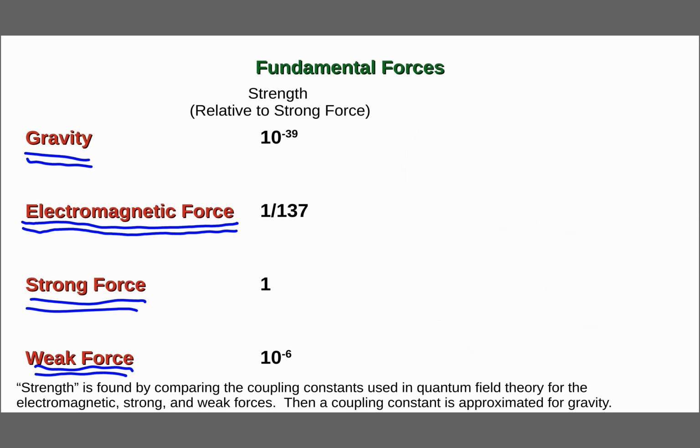So we talked about each of the four fundamental forces, and we know that we only see gravity and the electromagnetic force in our macroscopic daily lives because these two are long range, right? But let's talk for a second about the relative strengths of these forces. So these two forces are long-range forces.